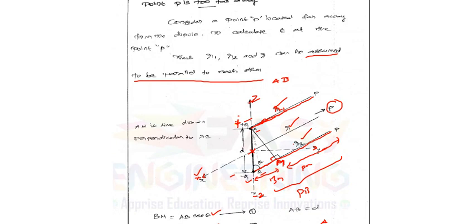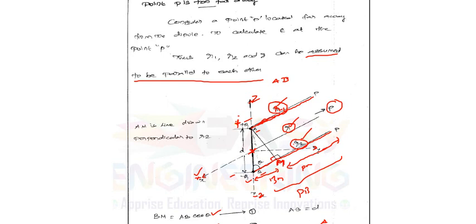Since P is too far away, that distance is denoted as R1. From B to P it is R2. At the center you have the origin where the x, y, and z axes meet, and from the origin to the point P the distance is R.